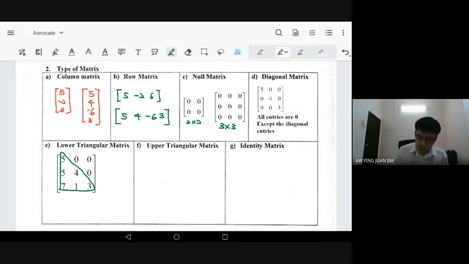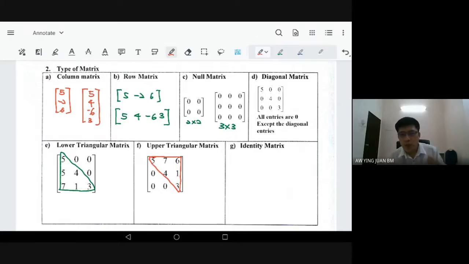Contoh yang seterusnya, kita ada upper triangular matrix. Lebih kurang sama macam lower triangular matrix, cuma segitiga itu dia berada di atas pula. Ini contoh dia. Untuk memenuhi syarat ciri-ciri upper triangular matrix, di bawah iaitu A21, A31 dengan A32 mesti kosong.